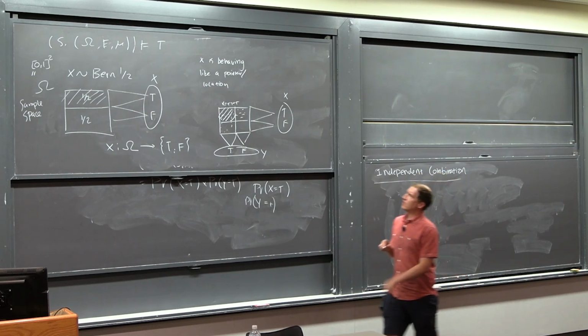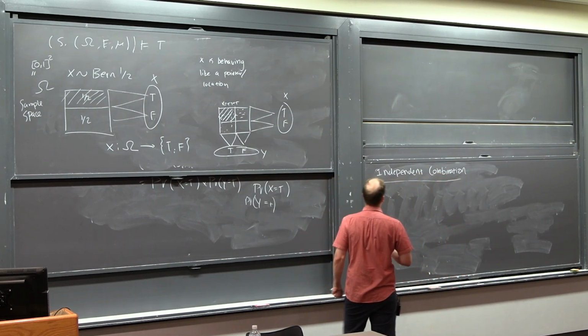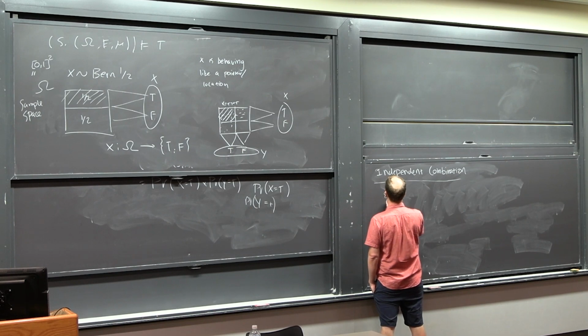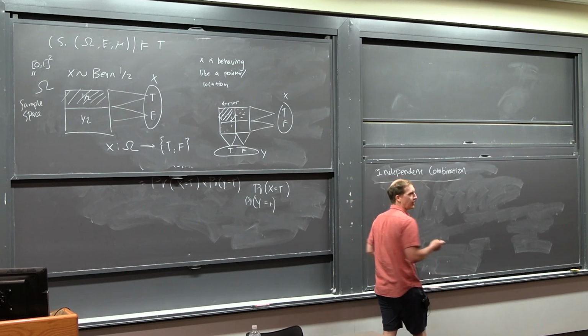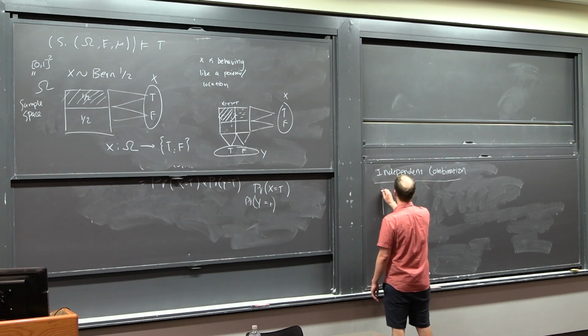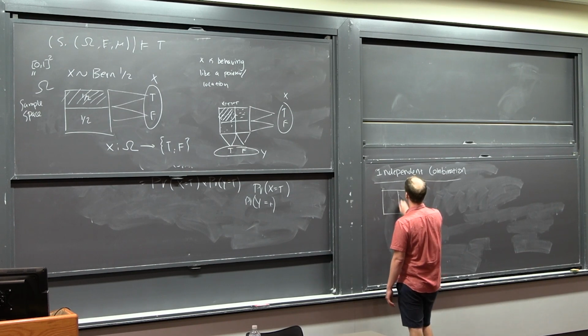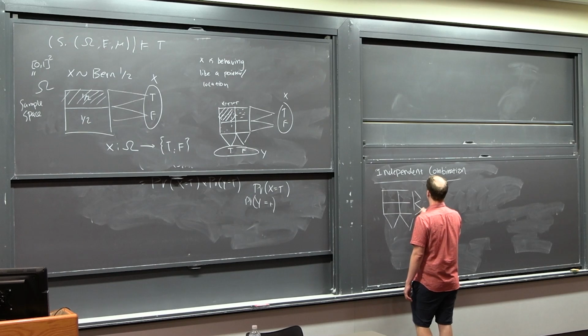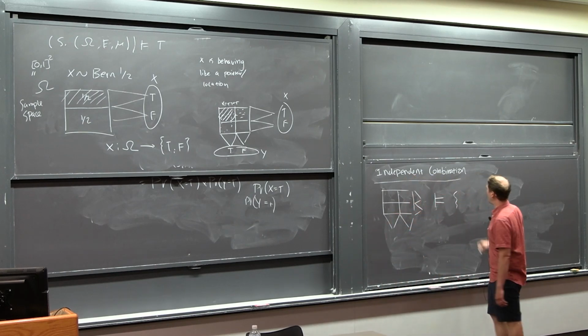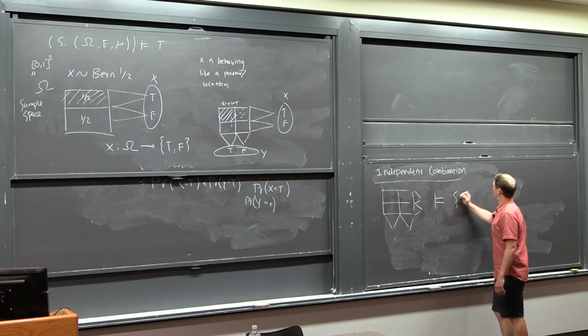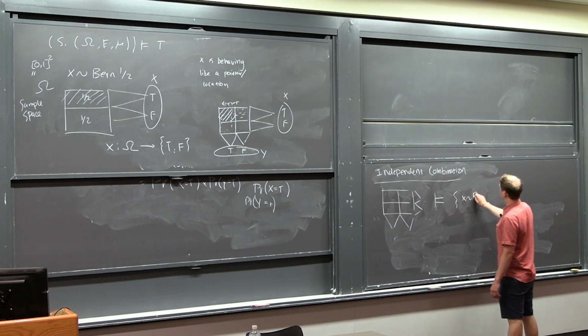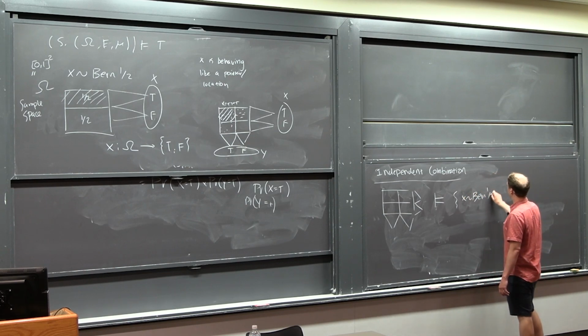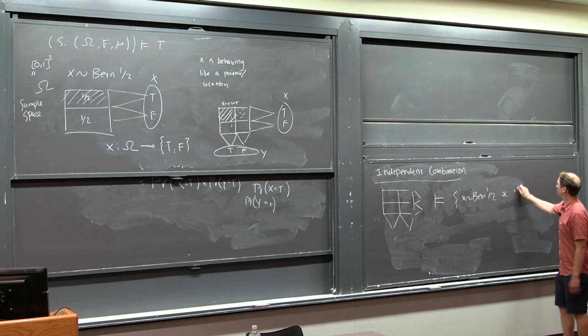Okay. So how do we show that some probability space, like the one I drew for you, how do I show that this thing does the thing I promised? It shows that x follows Bernoulli 1/2 star y follows Bernoulli 1/2.